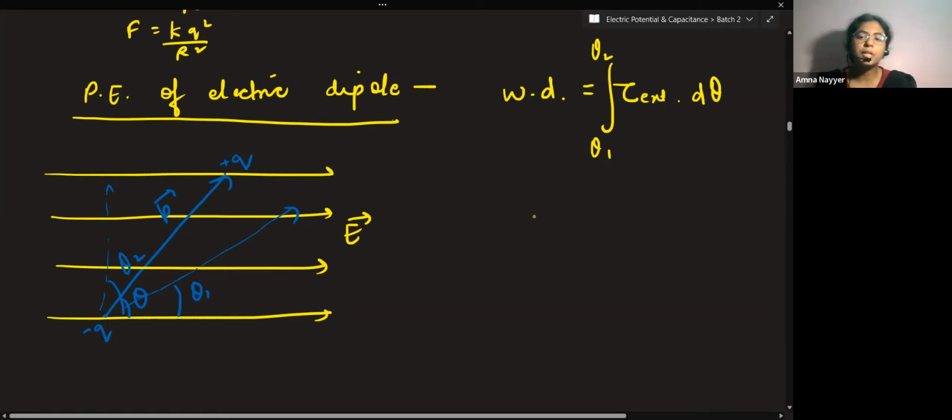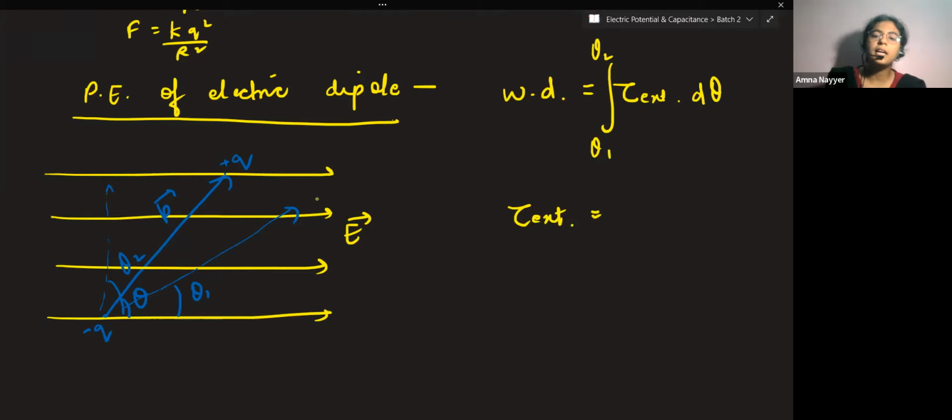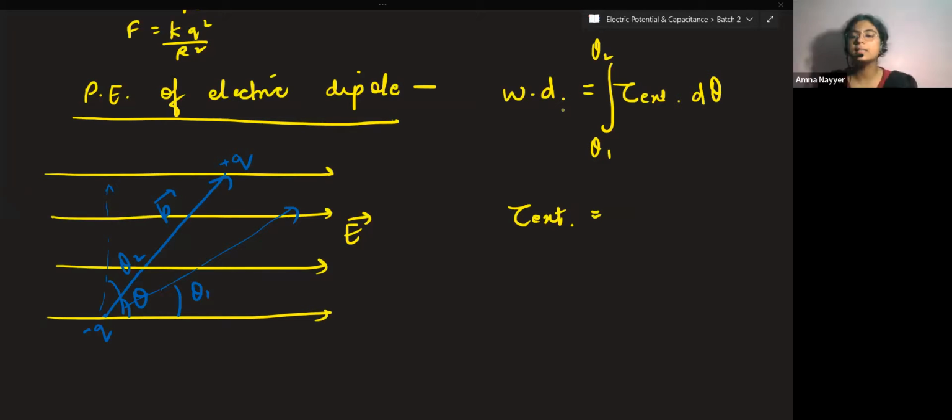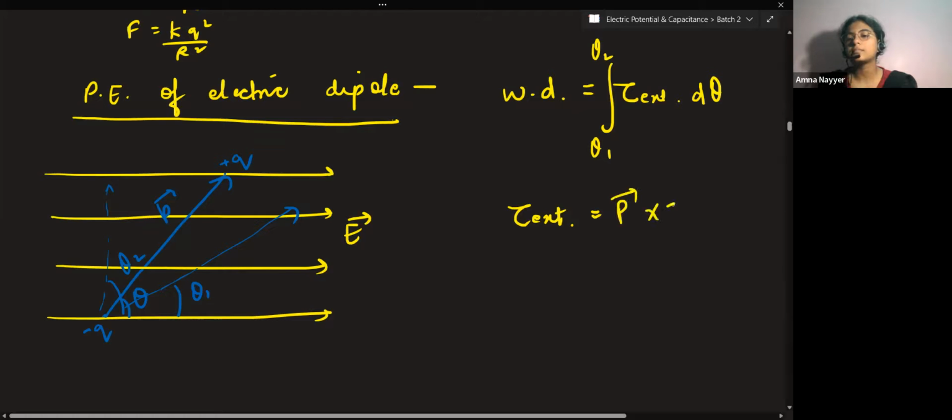Now, if you remember, we have done the formula of torque that was related with dipole and electric field. Can anyone tell? P sin theta. Torque is P cross E, or torque is PE sin theta.